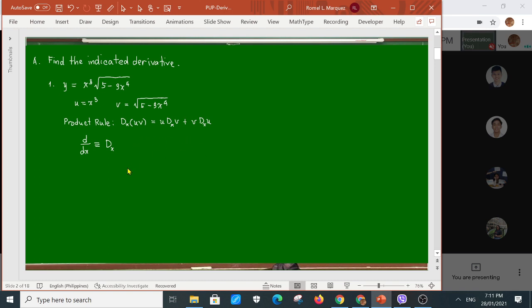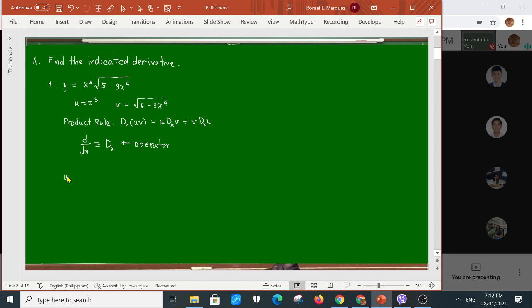So, that is not equal to y prime, because this is an operator. Y prime means derivative of y with respect to x. So, this is an operator. It's like plus, it's like ln, sine, you're taking something. Actually, what you're taking is slope. Slope of what? Of the tangent line at the point on the curve.